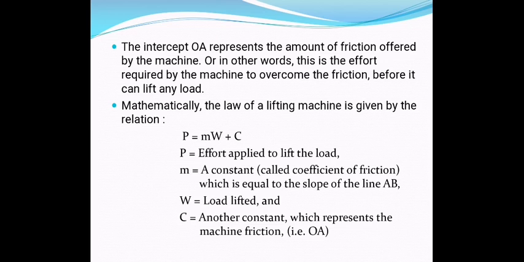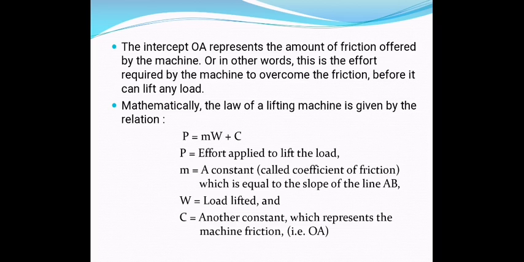Now we will see mathematically how we define the law of machine. It is a straight line equation, so P is equal to mW plus C. Here P is the effort applied to lift the load. M is a constant, which represents the slope of the line.